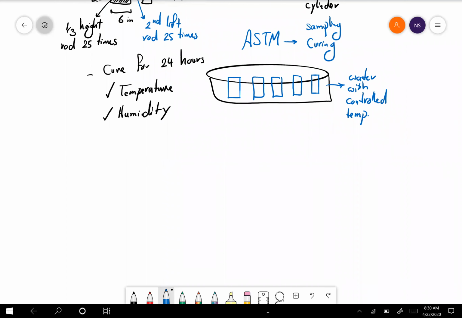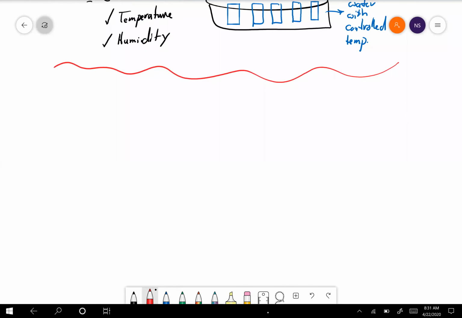And then once you do all of these, you can go ahead with the placing of the concrete. So placing of concrete. There are some notes to consider during the placing.